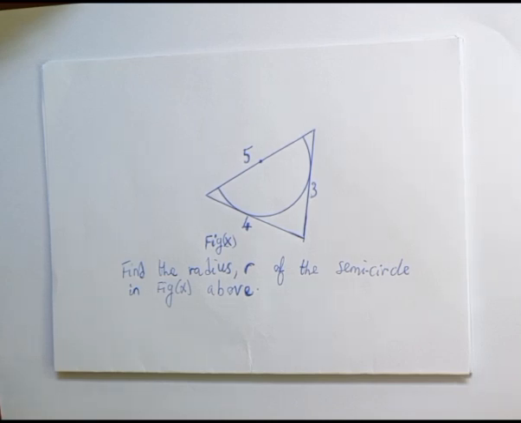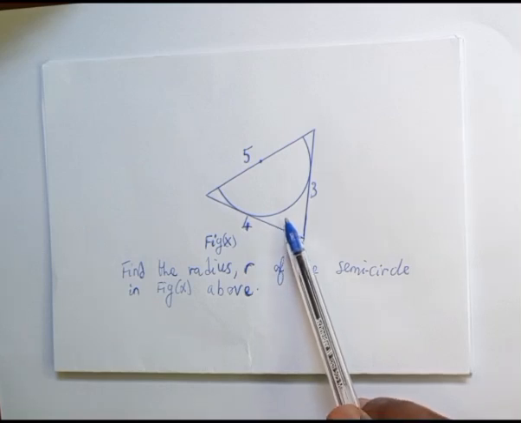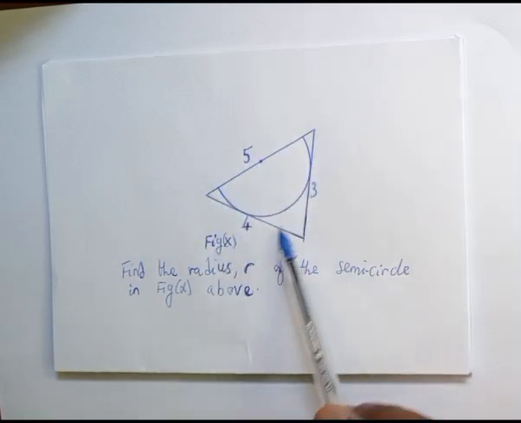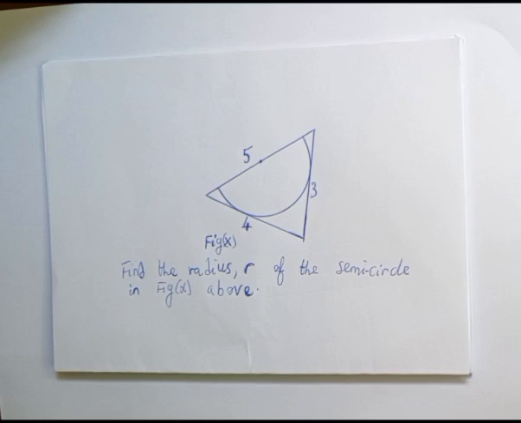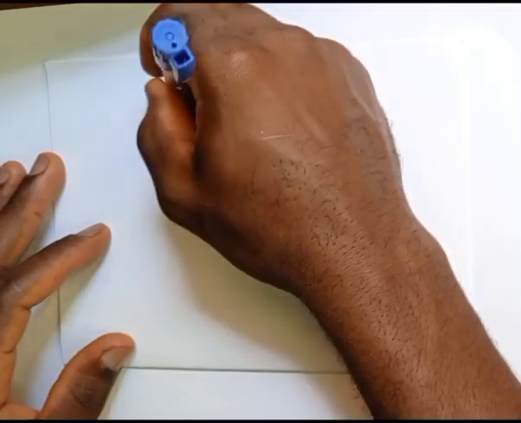Then we are going to calculate the area of the two triangles which we obtained from splitting this triangle, and we equate the area to the area of this triangle. Then we find the radius. Take solution.